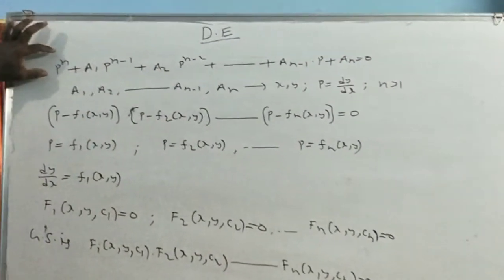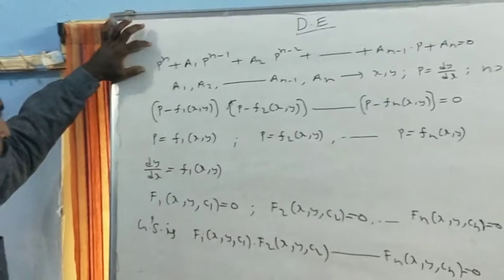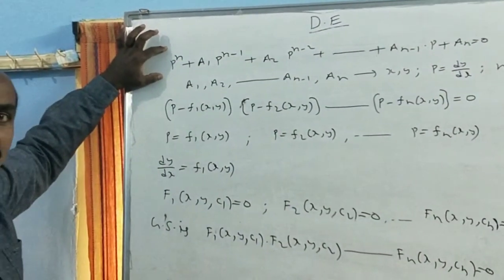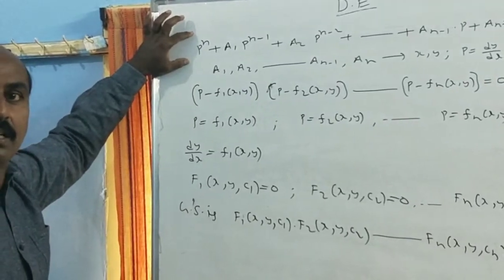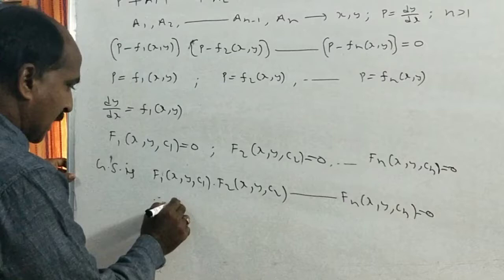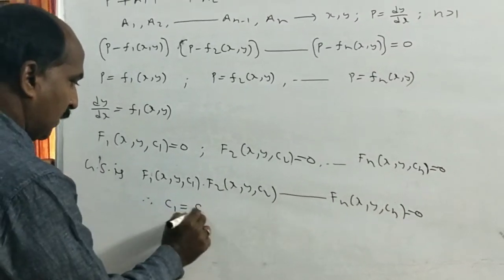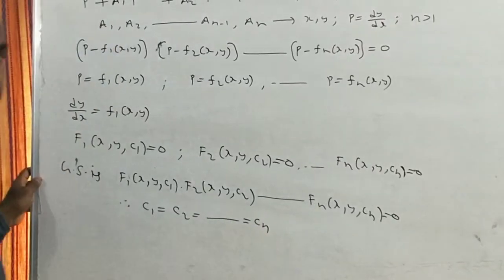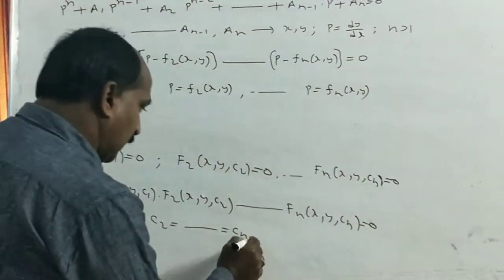This is a first order differential equation. So the solution of this first order differential equation contains only one arbitrary constant. Therefore, these arbitrary constants c1, c2, and so on cn are the same. Let it be c.